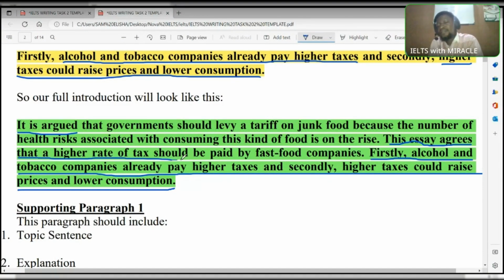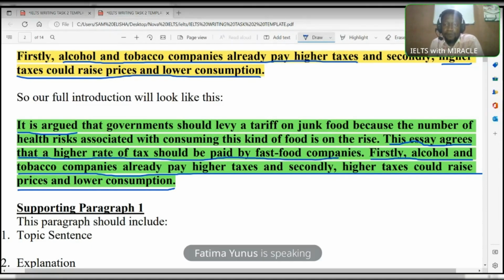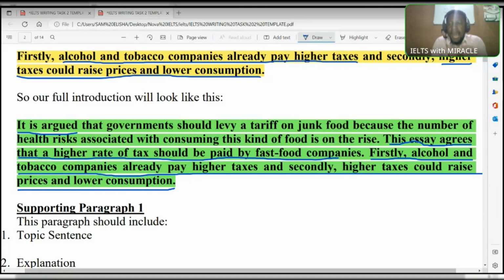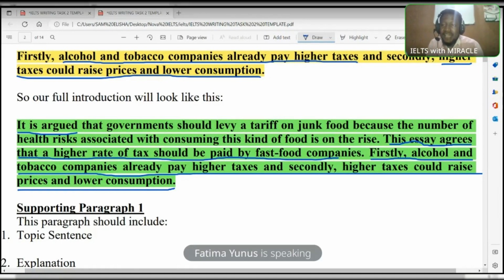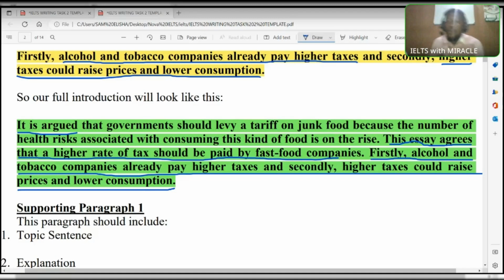Are you following me, ma? Yes. So the thesis tells us, okay, I agree. The essay agrees. The outline sentence gives reasons why the essay agrees. That's the difference.